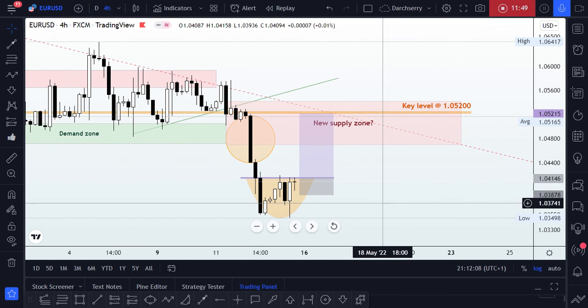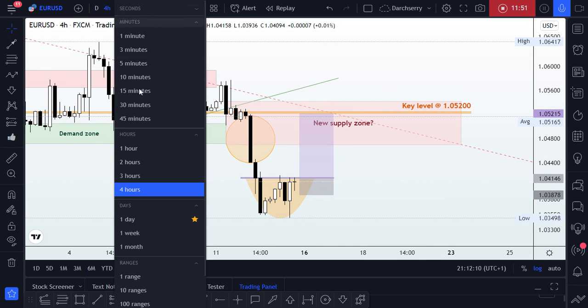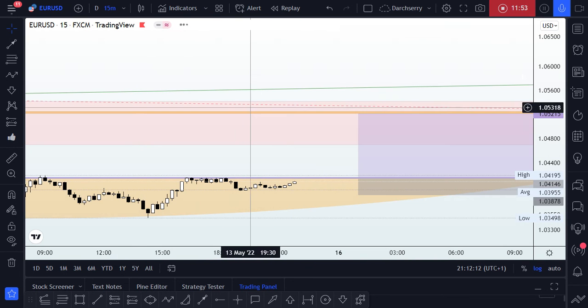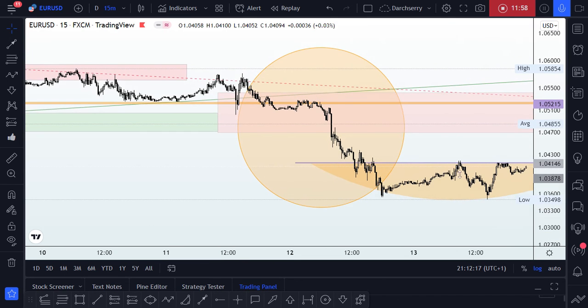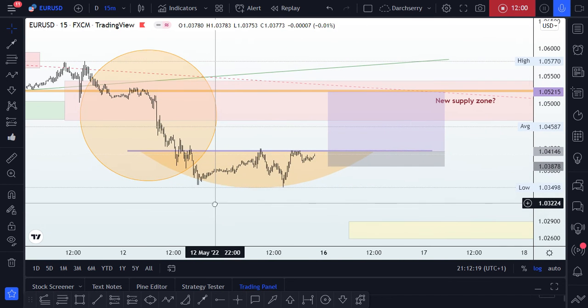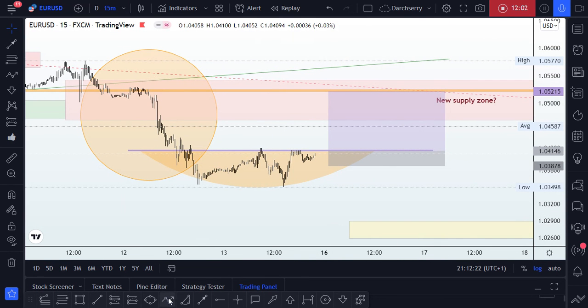And there is one I saw later on when I looked at the lower time frame, that's the 15 minutes time frame, where I was looking for a situation where we might have a reversal pattern right under this neckline here.